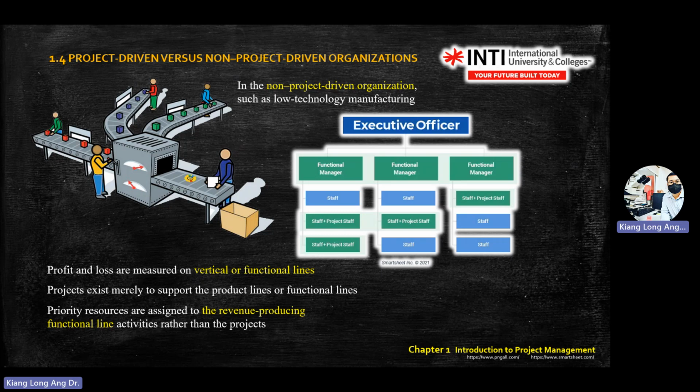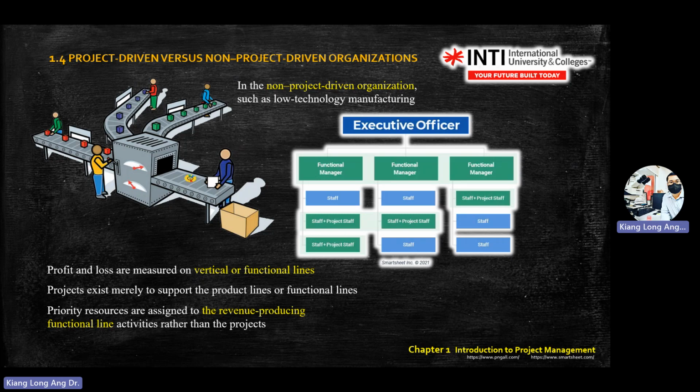So this is an example of an organization chart for a non-project driven organization. You see, it's not a project here, but it becomes a functional or line manager: line number 1, line number 2, line number 3, or you can say product 1, product 2, product 3. For example, Proton. Inside Proton, you can have a non-project driven department.